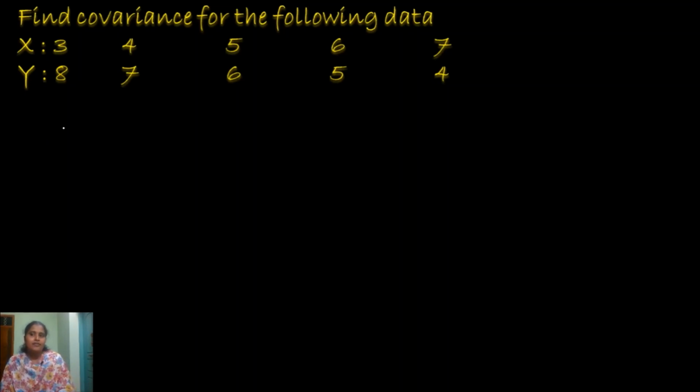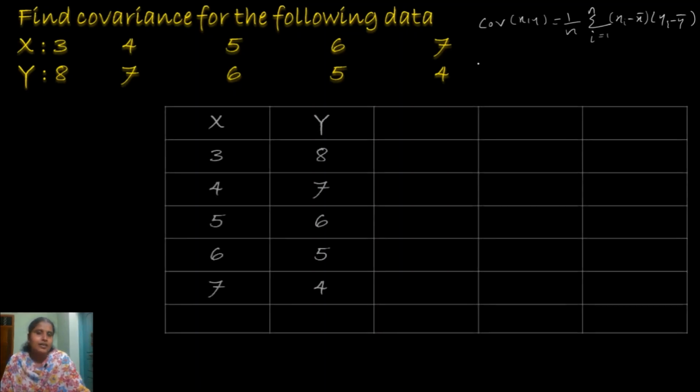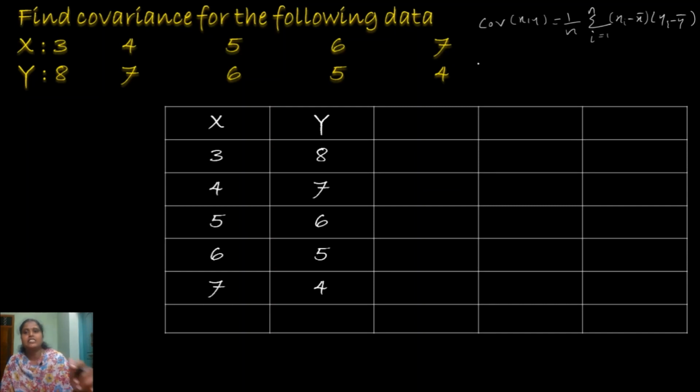The formula for calculating covariance is: covariance between x comma y is obtained by making use of the formula 1 over n, sigma i varies from 1 to n, xi minus x bar into yi minus y bar. For that, let me now construct a table where the first and the second column consist of the values of x and y.